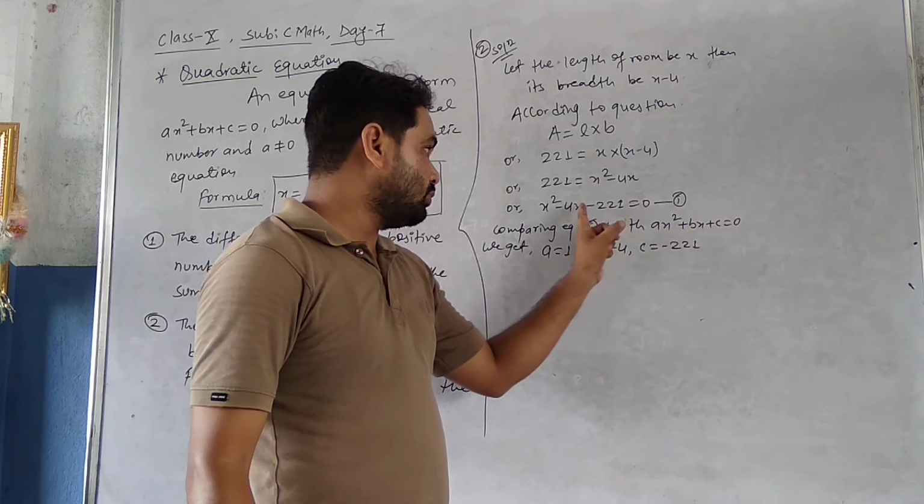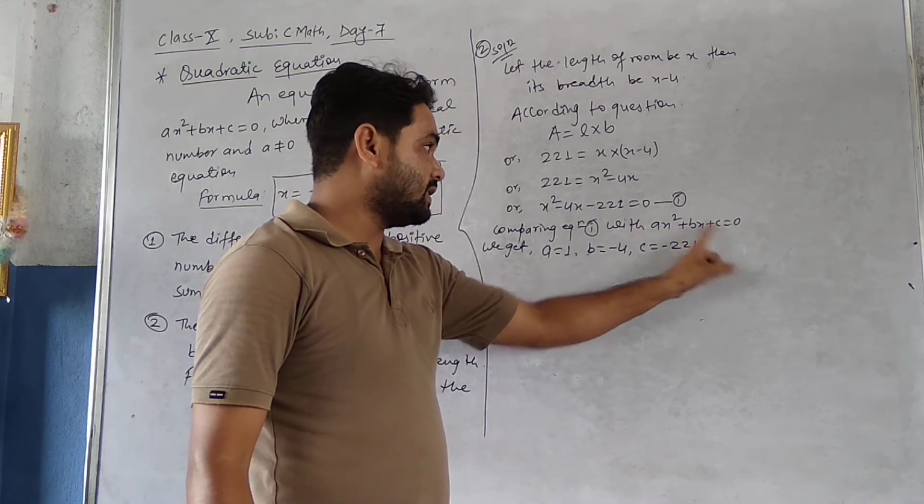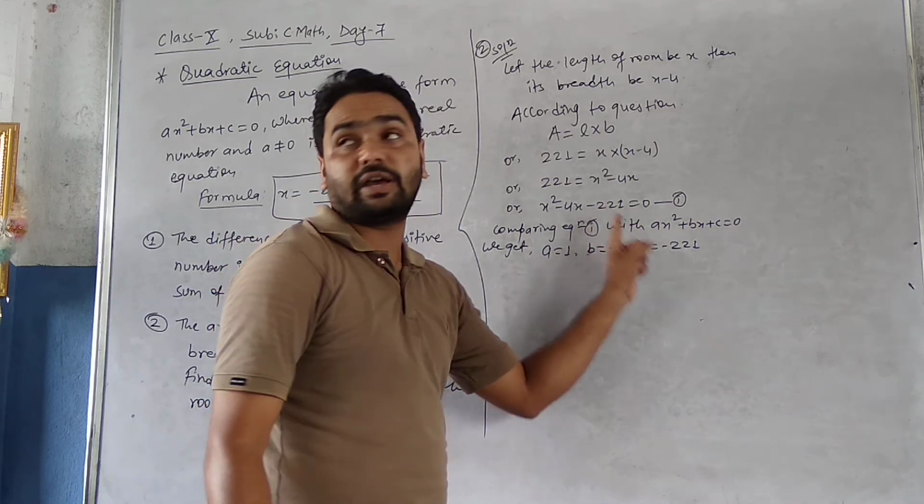With x, b is minus 4, and c, the constant number, is minus 221.